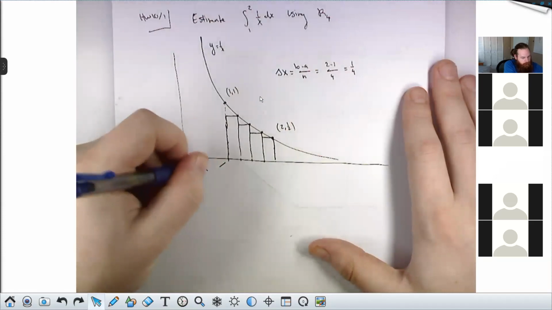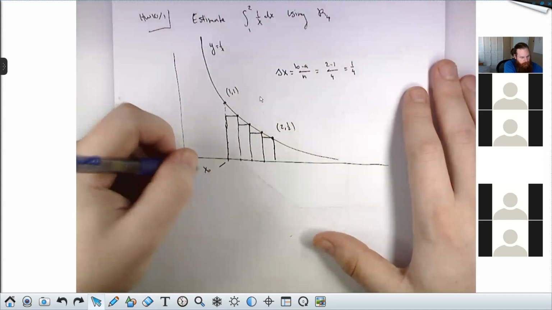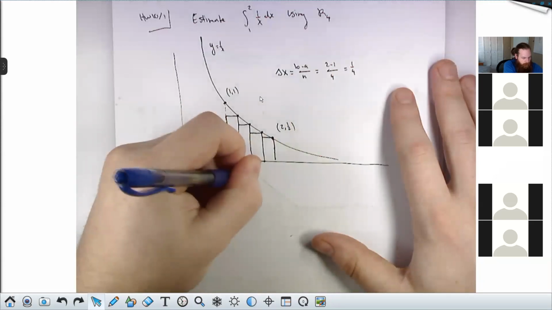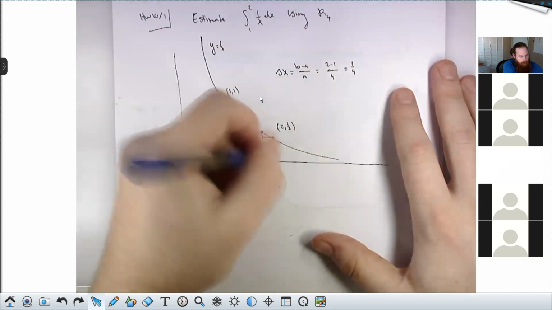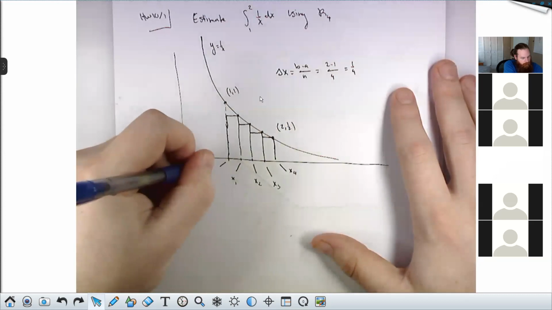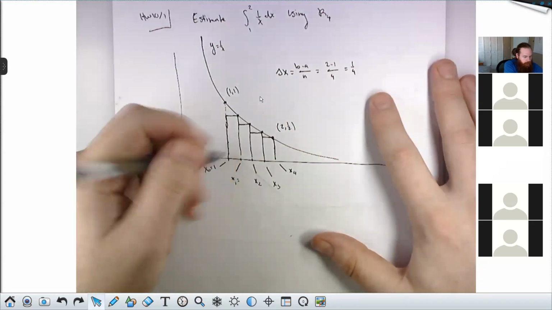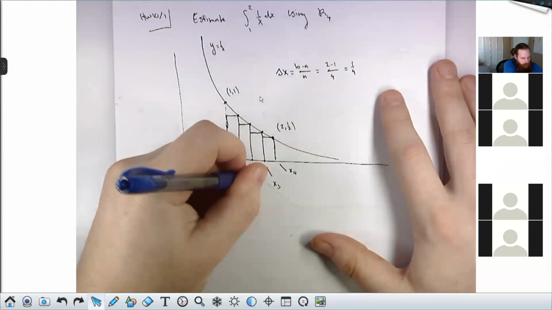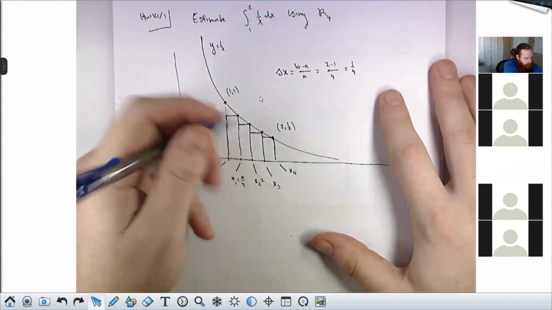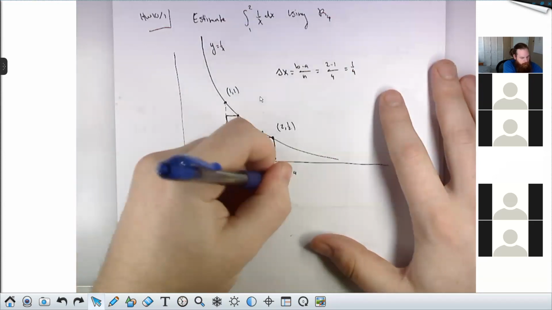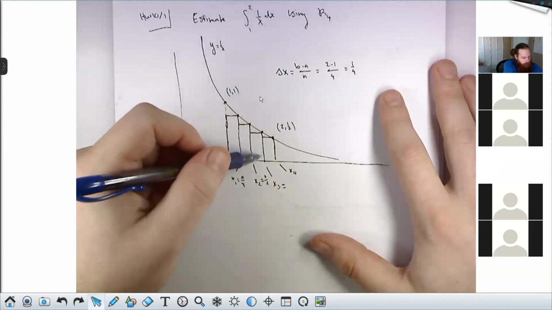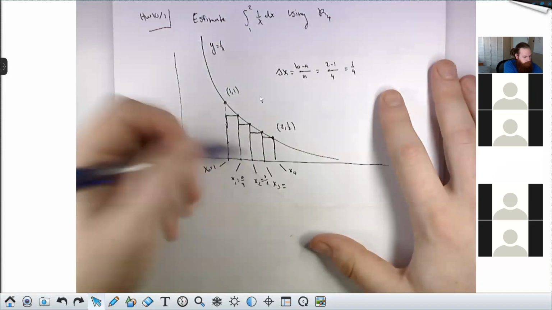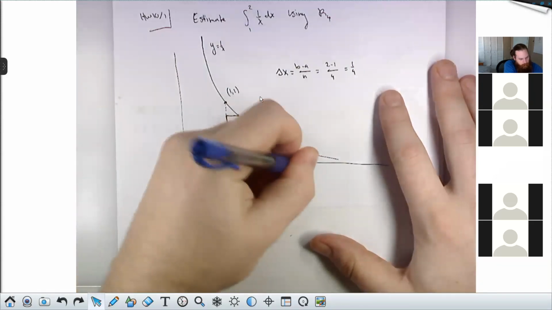I know that x0 is here, x1 here, x2, x3, and x4. x0 is 1. x1 is 1 plus 1/4, which is 5/4. x2 is 3/2, right? 1 and 1/2. x3 is 3/2 plus 1/4, which is 7/4. And x4 is 2.